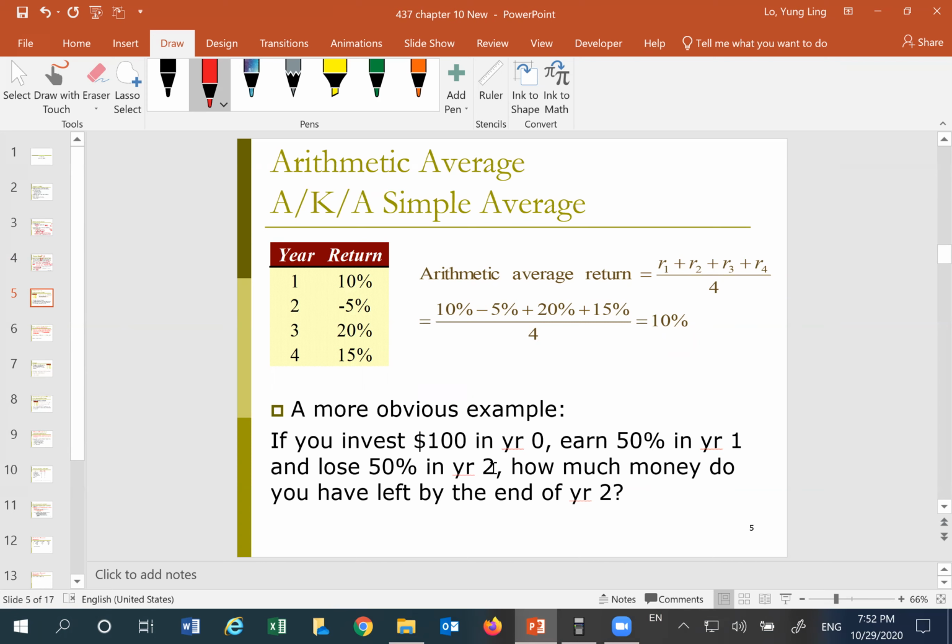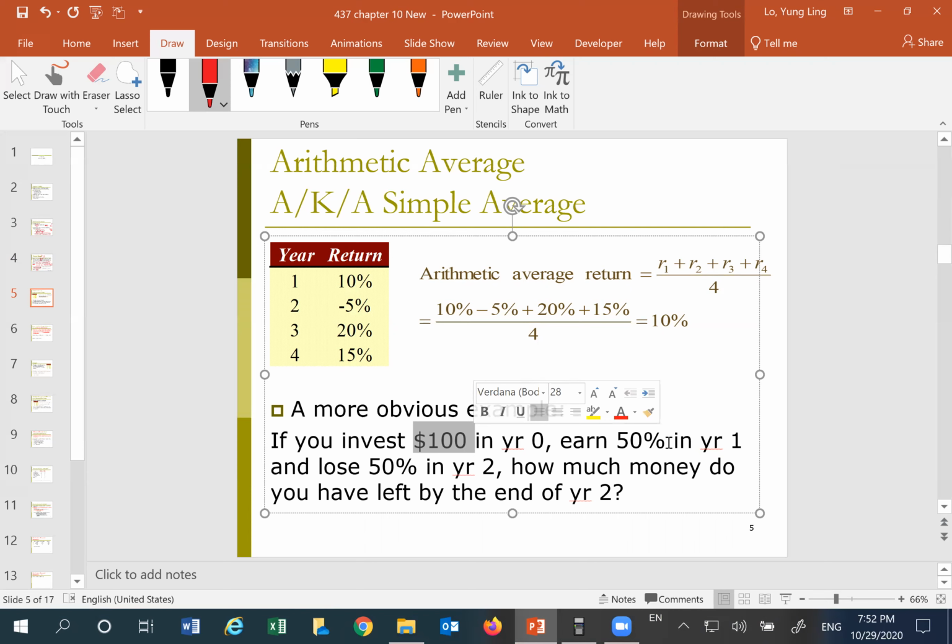Then how much money do you still have left by the end of year 2? Without a calculator, just think of this logically. You start with $100 investment, then you earn 50% return. So by the end of year 1, you have 50% more money. 50% of that will be $50. So by the end of year 1, you have $150 in your pocket.